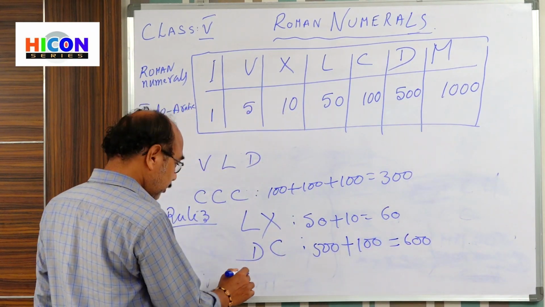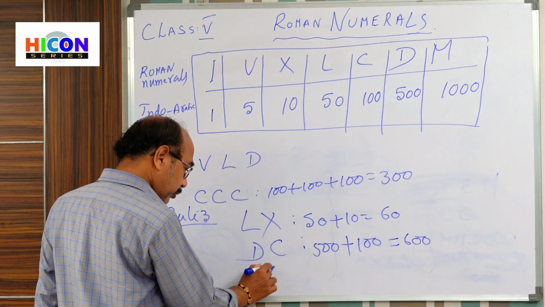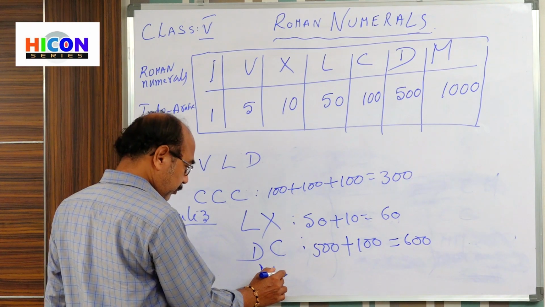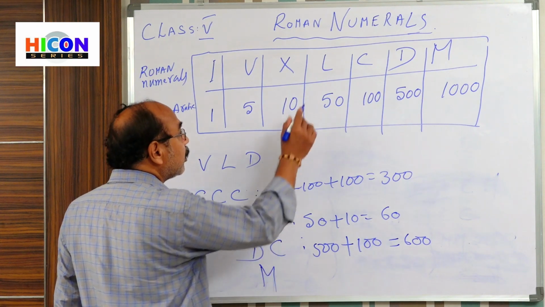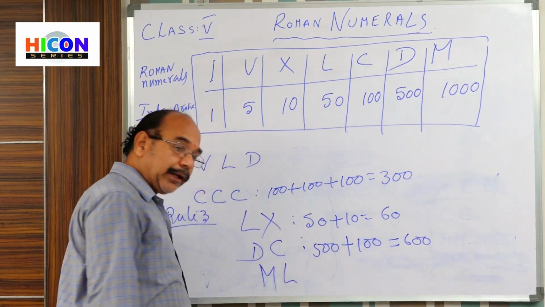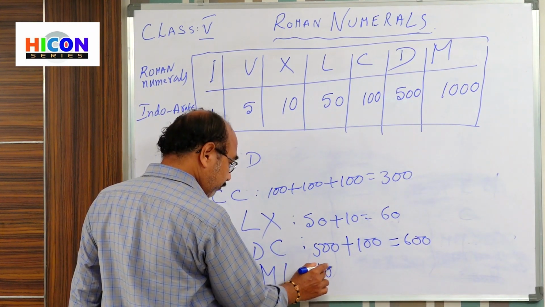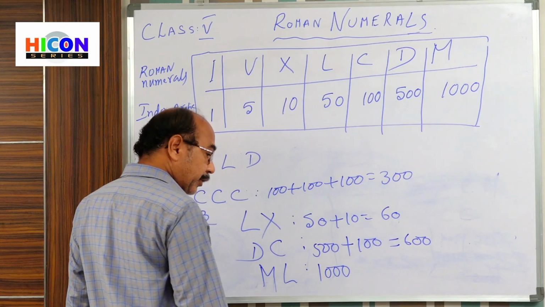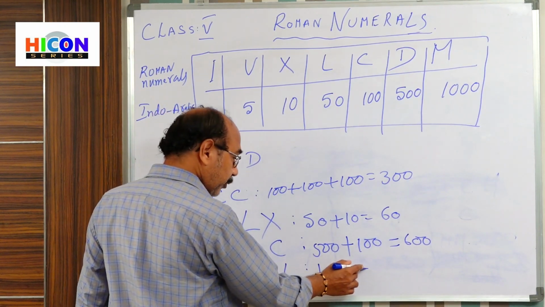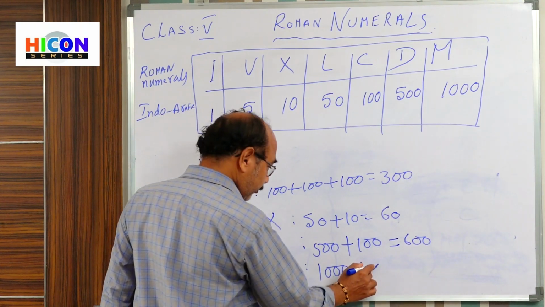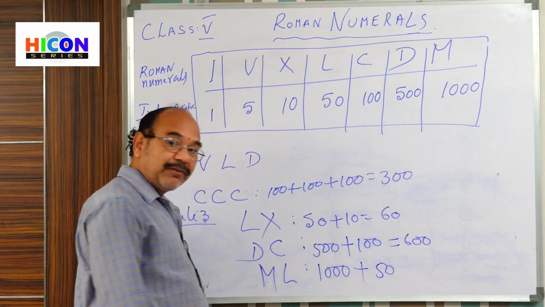Now you see, suppose here I wrote M and L. I wrote ML. What is this number? M is for 1000. Here, addition or subtraction? Addition. L is for 50.